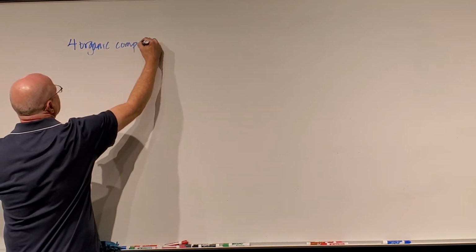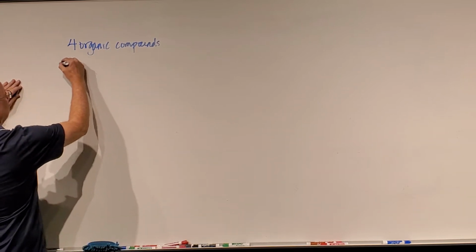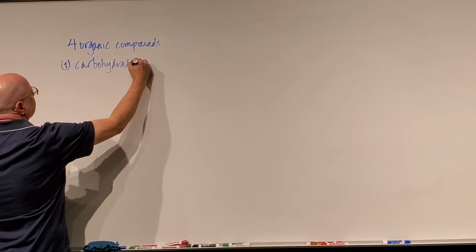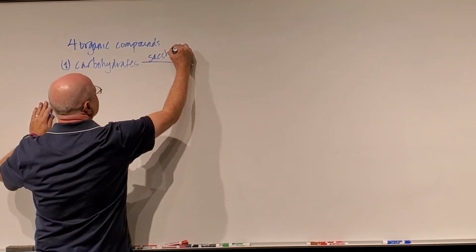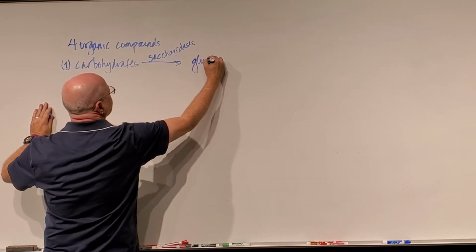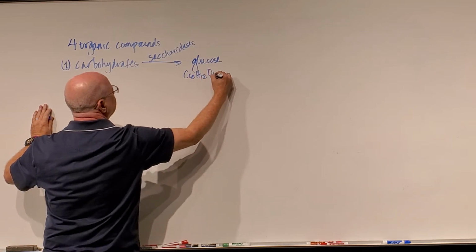We talked about this in the last video, and I'm going to list them as 1, 2, 3, 4. 1 is carbs, carbohydrates. And we digest these with saccharidases to release glucose, C6H12O6.